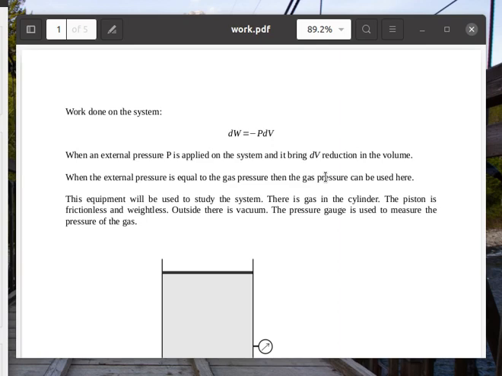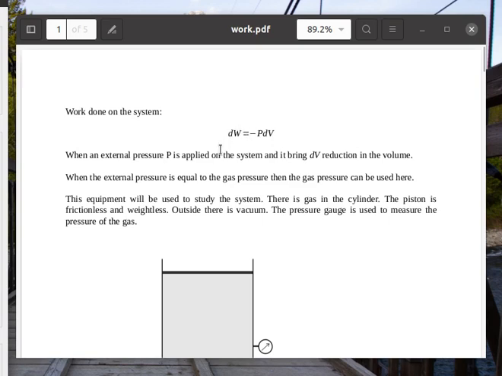You have to break that path into very small paths, and then put some formula or mathematics in that small part. After that you have to apply the integration concept that you are aware of in mathematics. So anyway, the formula is dW equal to minus P dV, and now what is dW?